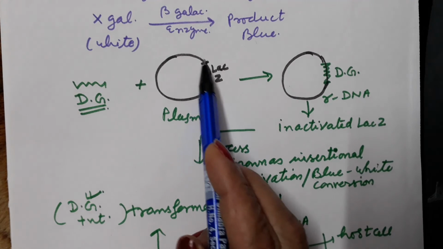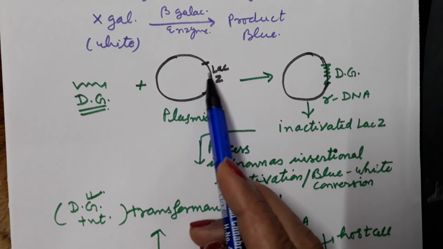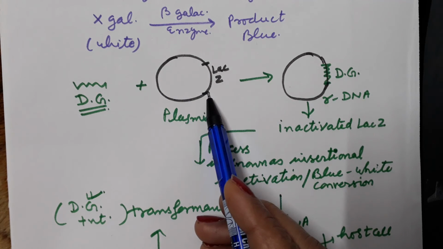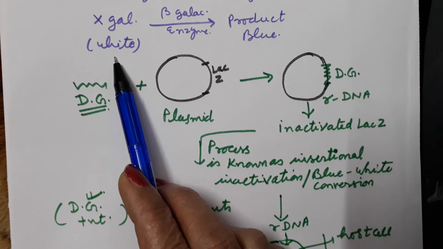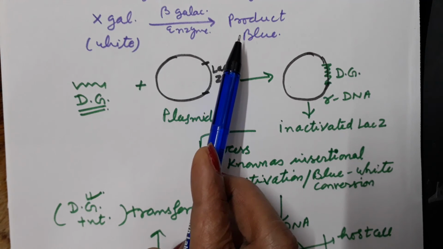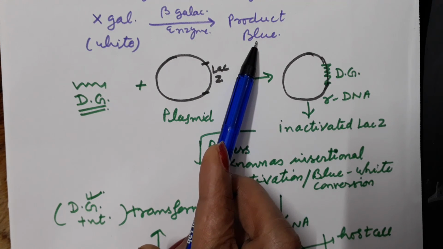This is our plasmid, which acts as a vector, and in this vector or plasmid the LacZ gene is present, which is responsible for the formation of beta galactosidase enzyme. This is needed for the conversion of X-gal, which is white in color, into a product which gives blue color.